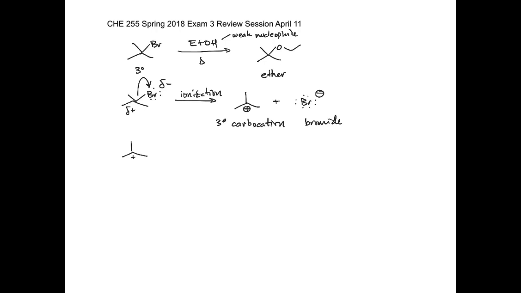So our next step in the mechanism, the nucleophile drives the lone pair and attacks the carbocation. Notice at this point we're not quite finished. Once that solvent attacks, you end up with a positively charged oxygen, and that's called an oxonium ion.